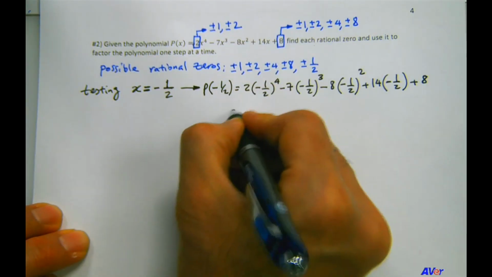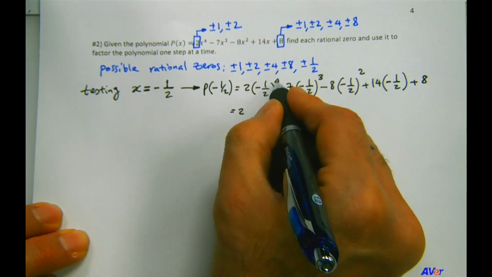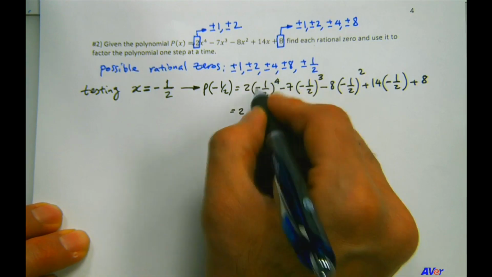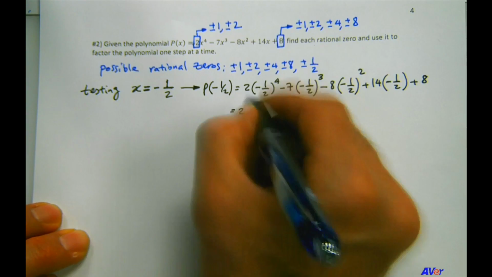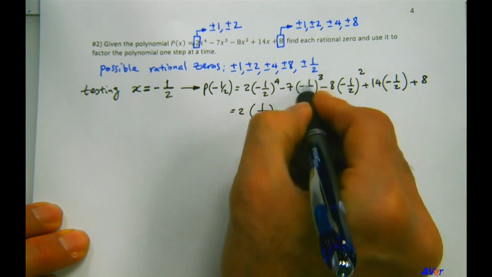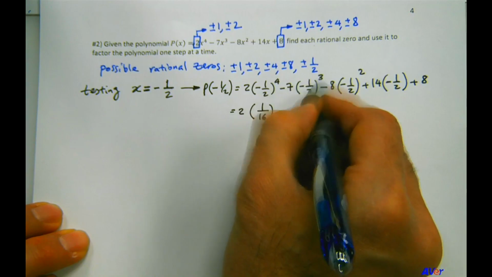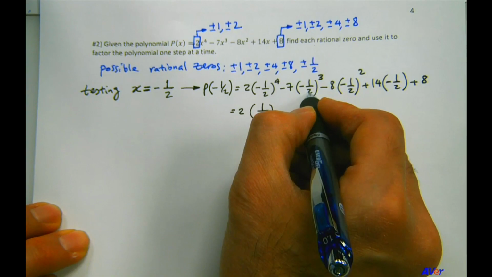So then let's simplify. We have 2 times minus 1/2 to an even power 4. That will make this negative positive. 1/2 raised to the 4th power is 1/16. Minus 1/2 to an odd power like 3, that'll be minus 1/8.